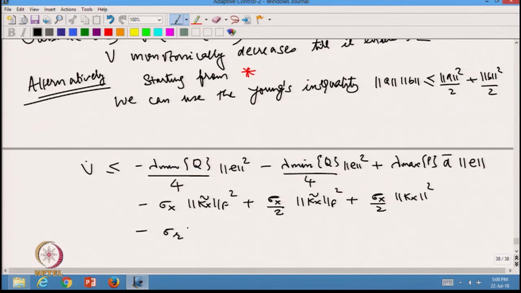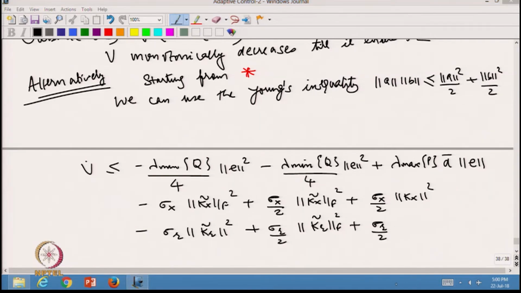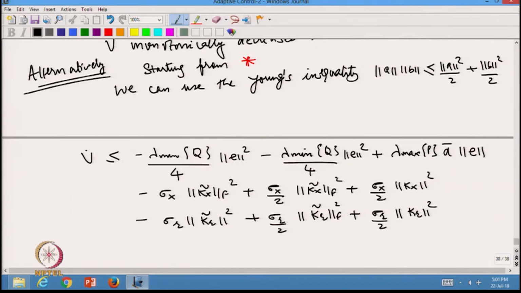Similarly, for kr tilde, we get sigma r over 2 kr tilde square plus sigma r over 2 kr square.